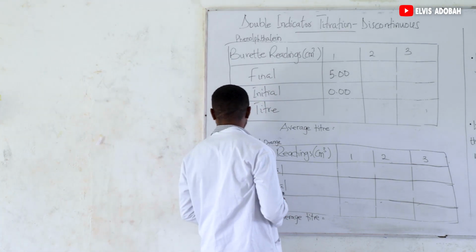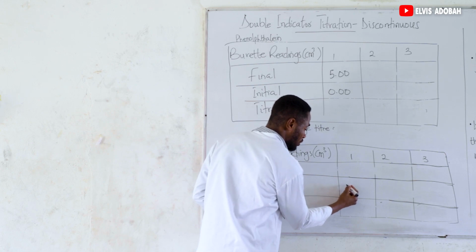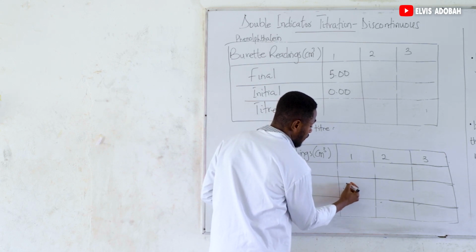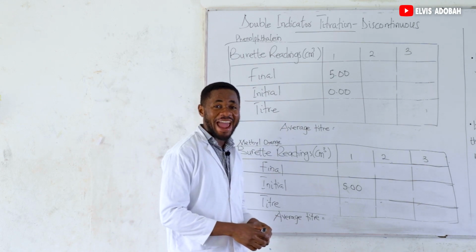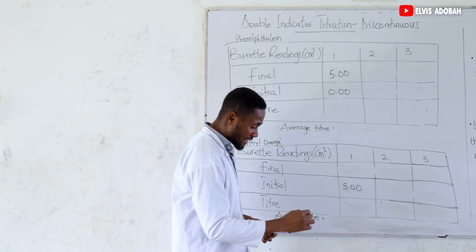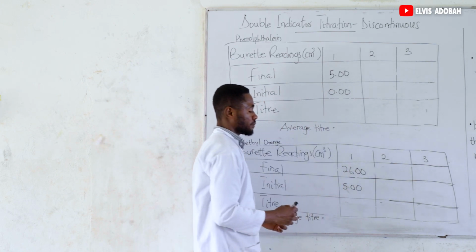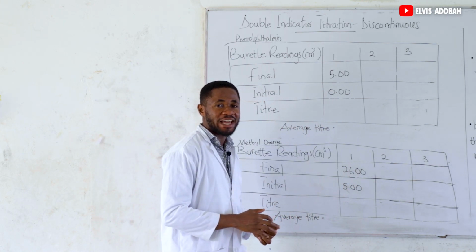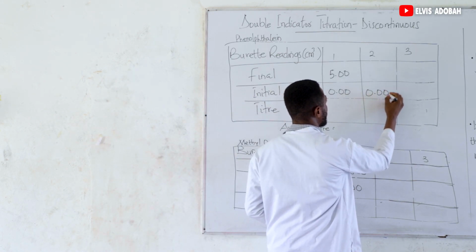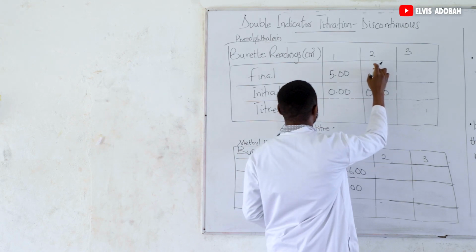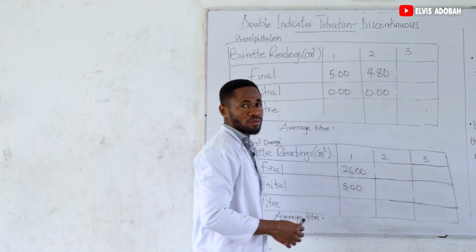Then, we started with the methyl orange titration. That one too, we started at 5.00, and we ended at 26.00. And the second titration, we started with 0.00, and we had our endpoint at 4.80.